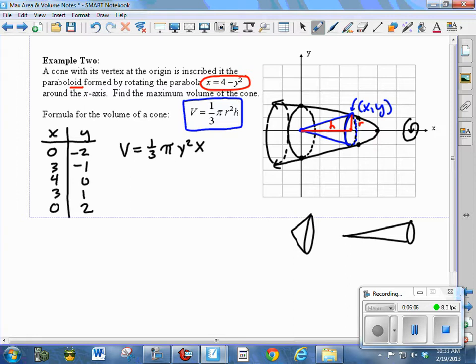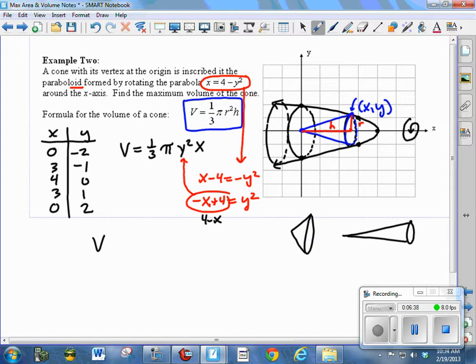So I can substitute into the equation, solve this equation for y squared, and I have x minus 4 is equal to negative y squared, or I can say negative x plus 4 is equal to positive y squared. So I can substitute negative x plus 4 in for y squared. Or maybe I'll just write it as 4 minus x. That'd be a little easier.